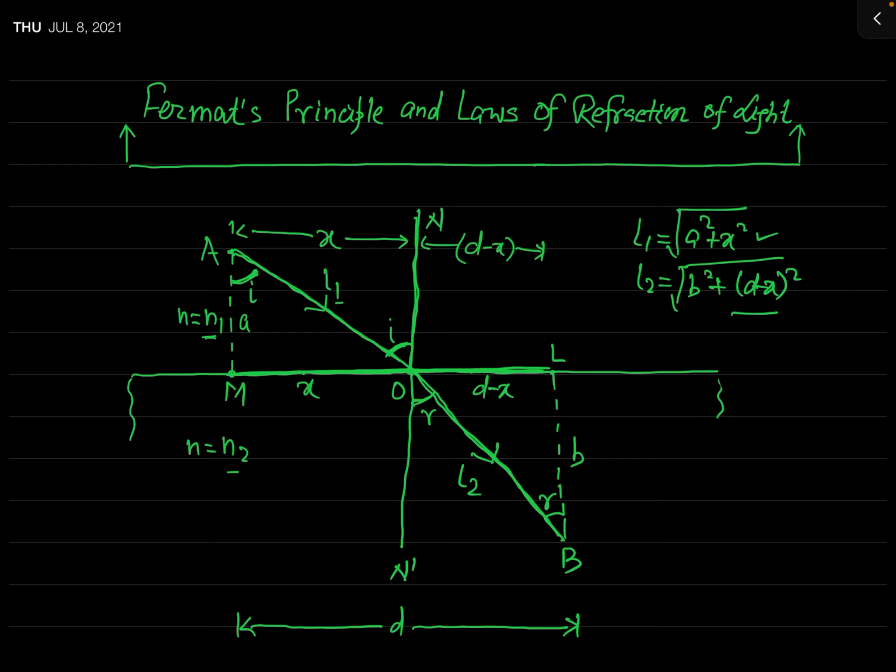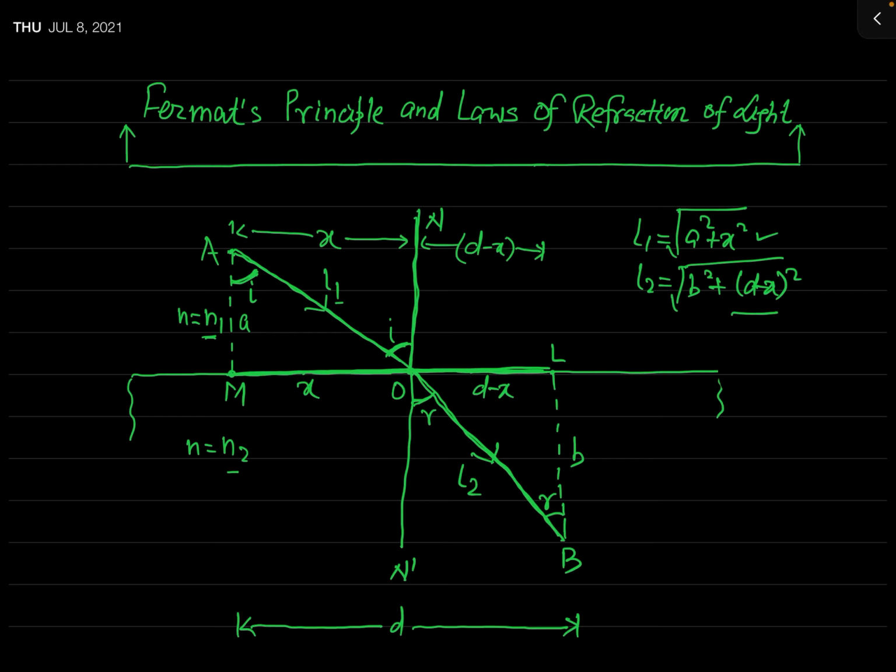I have not written these things, but I hope you have understood that since AOB lies in the same plane, and that plane will be perpendicular to the plane containing ML, because AOB is the shortest path, and that plane also contains ON. So in this way, the incident ray AO, refracted ray OB, and the normal ON all lie in the same plane, or they are coplanar.